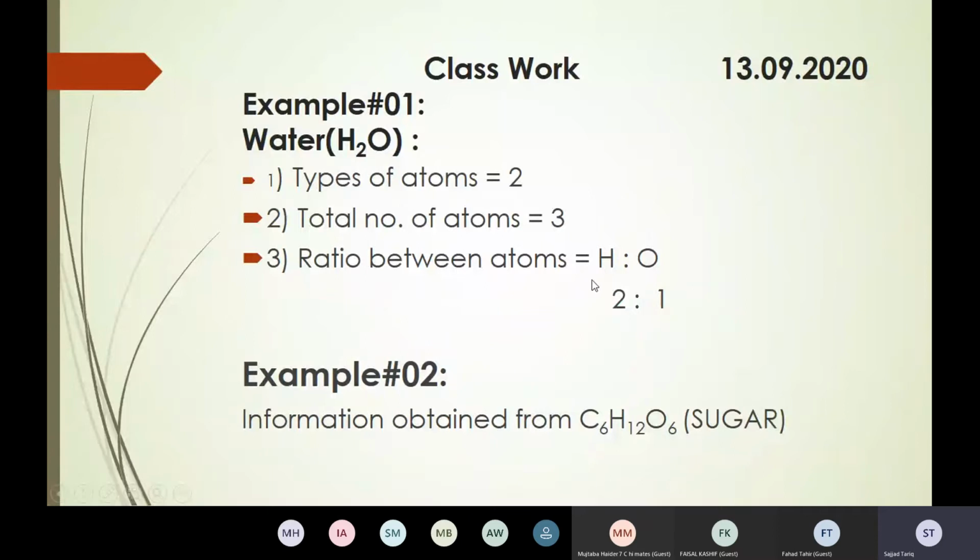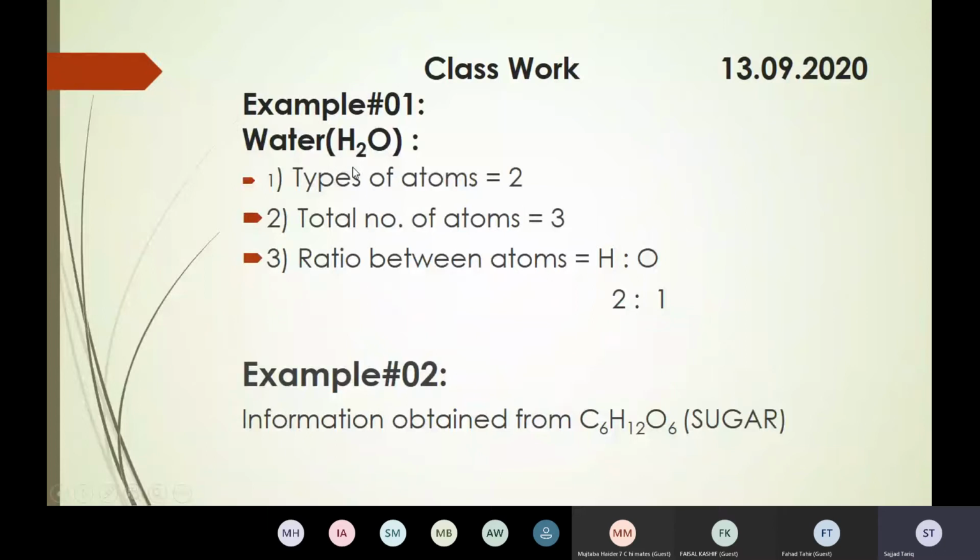Okay, ratio between atoms. Ratio means what is their proportion. If we compare both of the atoms present in the water molecule, capital H, ratio, O. We will represent in such a way how many types of atoms are present in the molecule.